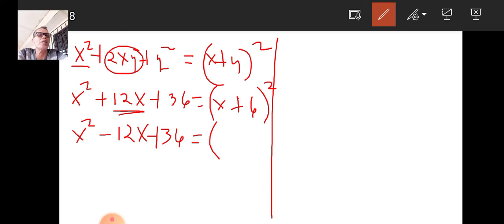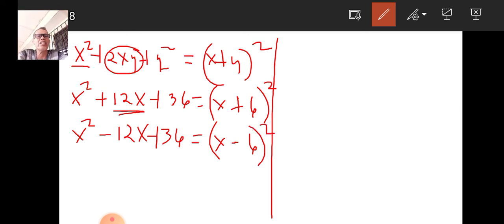So meaning the factor of your last term must be negative. Get the square root of the first term, the square root of x squared is x. Get the square root of 36, which is 6. Then since the middle term is negative, the quantity x minus 6 is squared.